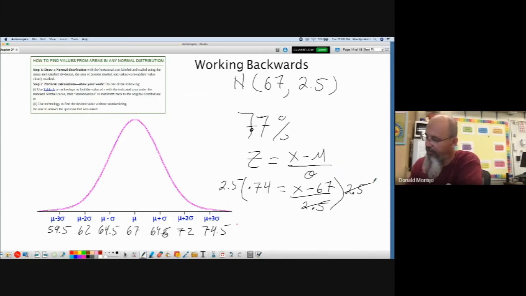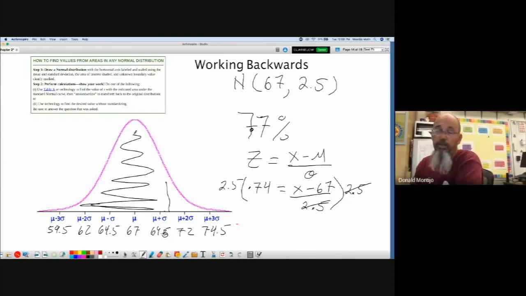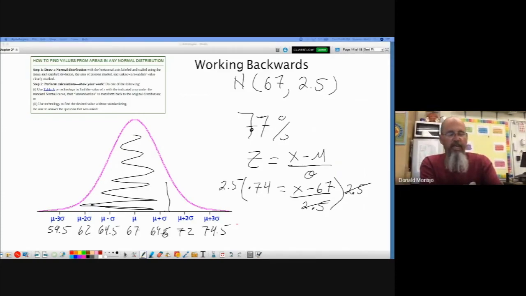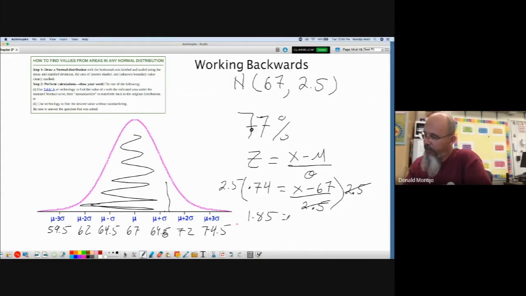I know the 77th percentile is going to be somewhere in here, so I'm looking for this area under the curve. 2.5 times 0.74 is 1.85. So 1.85 equals x minus 67.